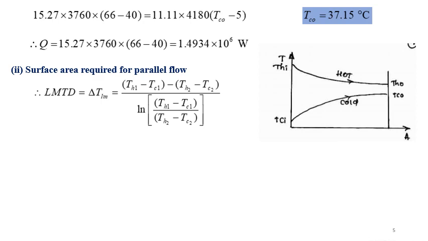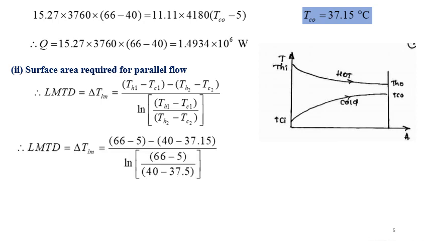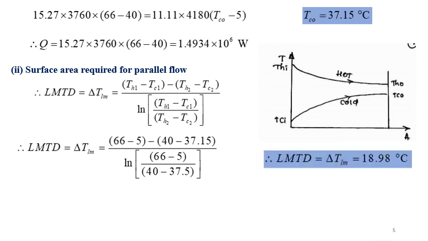You know all the temperature values, substitute the values here and calculate. You will get delta TLM, or LMTD, equal to 18.98 degrees centigrade.